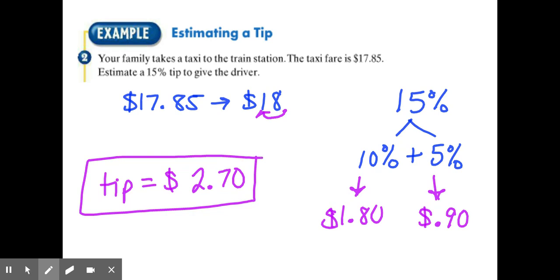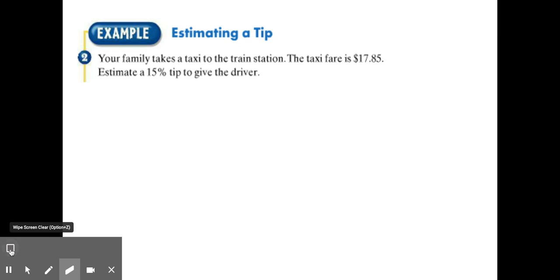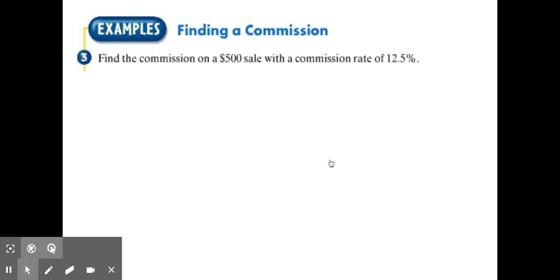All right, so let's take a look now at example number 3, where again, I'm going to need an exact amount, finding a commission. So commission is the amount of money that a salesperson makes based upon how much they sell. So car salesmen work off of commission.